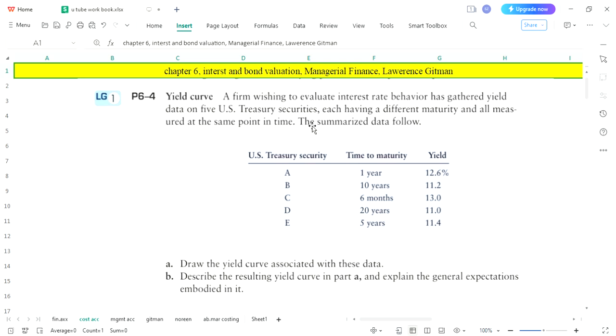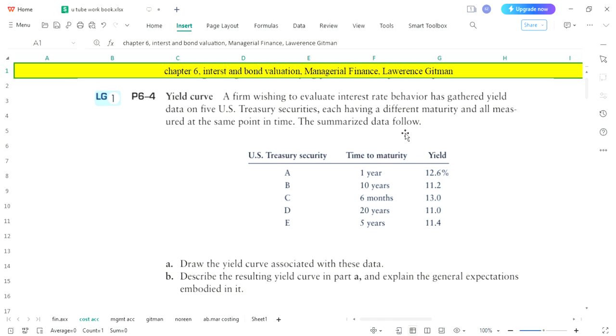If you deposit your amounts in those, you will get a particular rate of return. So for the time being, just consider US Treasury securities as a bank. Each has a different maturity, and all are measured at the same point in time. The summarized data is below.